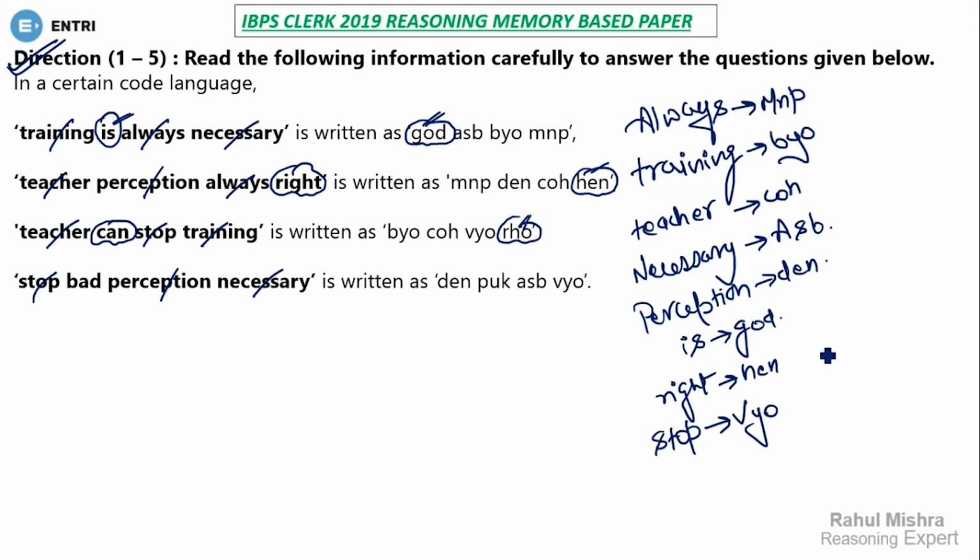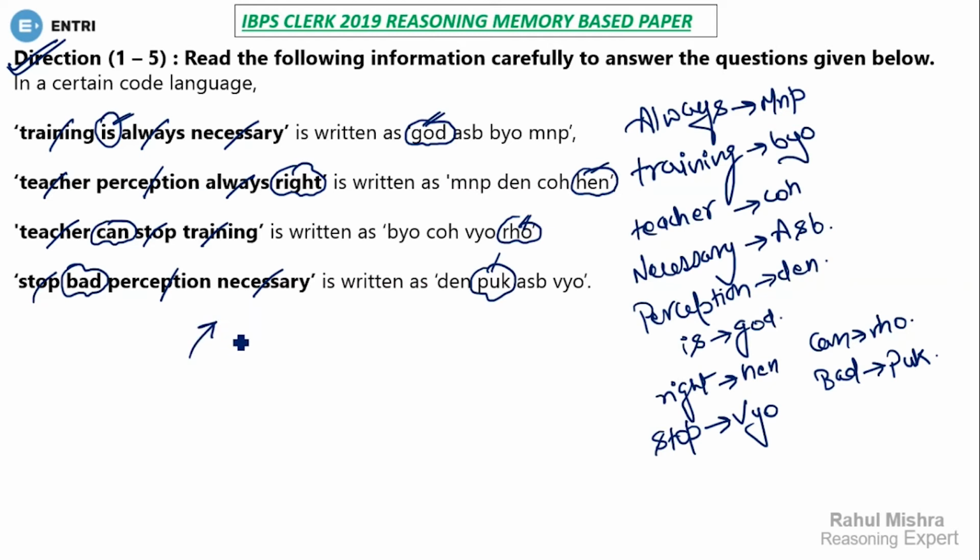So can is written as RHO. Now in the fourth statement bad is left, and the leftover code is PUK. So the bad code will be PUK. This is how we have solved this substitution coding question.